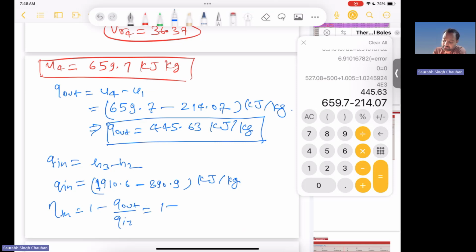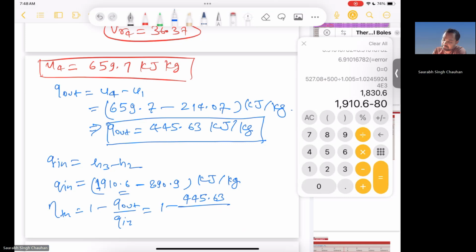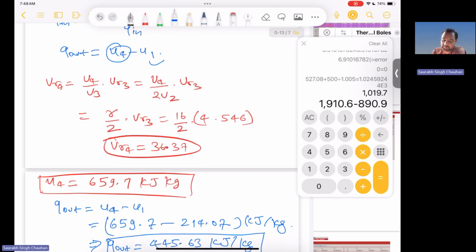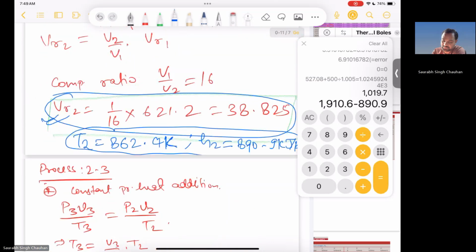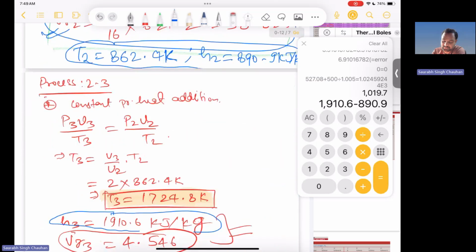So 1 minus 444.63 divided by how much is Qin? 1910.6 minus 890.9, which is 1019.7. Do we already have this value?